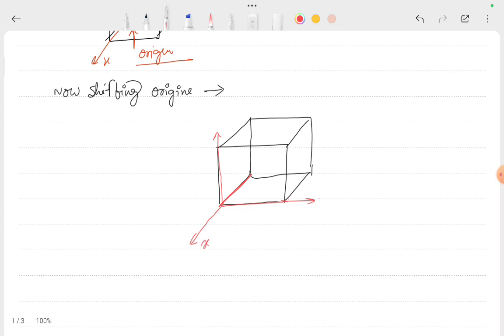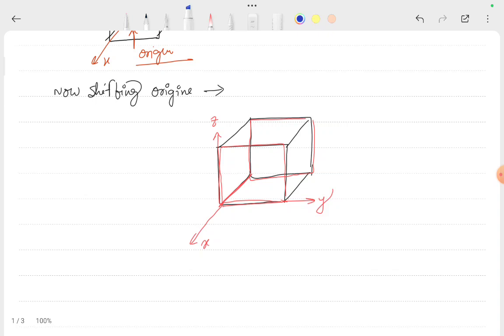X, Y, Z. So this face is for the positive side, and this face is for the negative side along the x-axis.